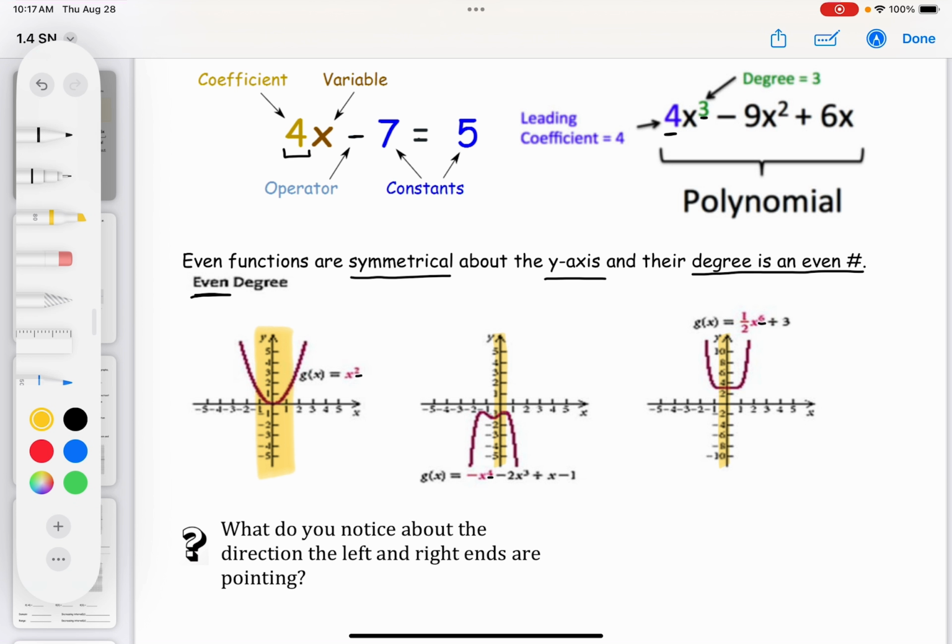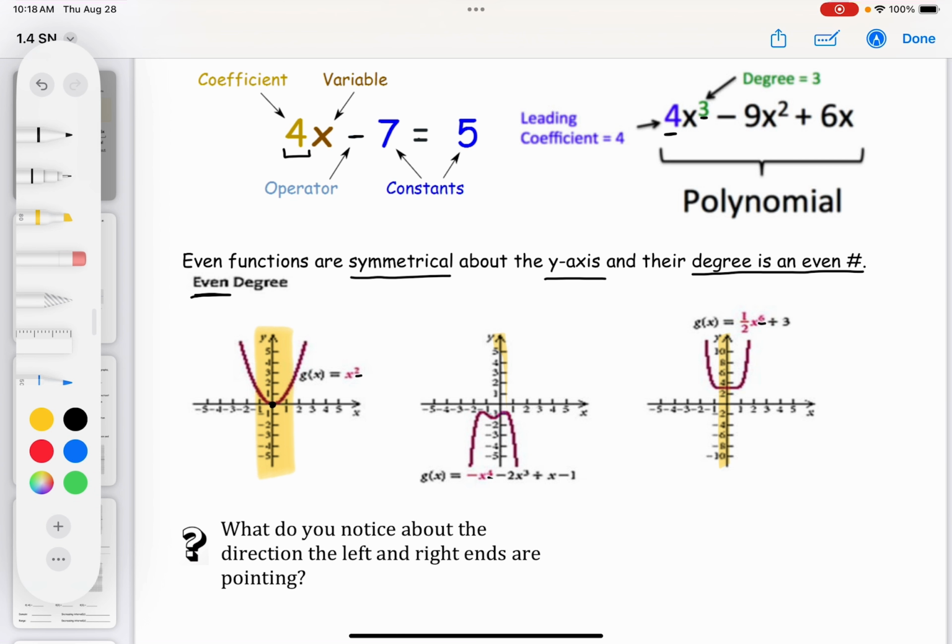That's a better way to put it. If the graph is on the y-axis, such as this first example, you could fold it down the y-axis. But if it has an axis of symmetry that's slightly offset, you can still fold it vertically down a line and it's symmetrical, that would still qualify and be okay.